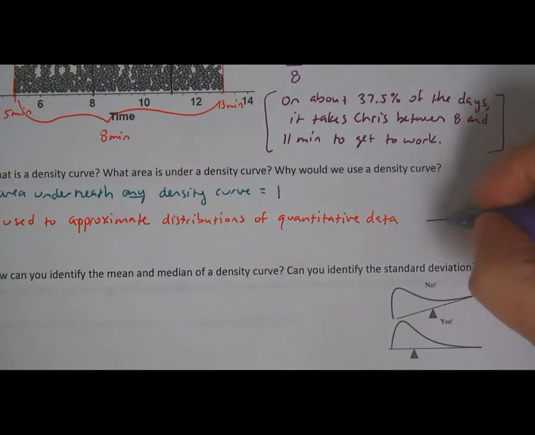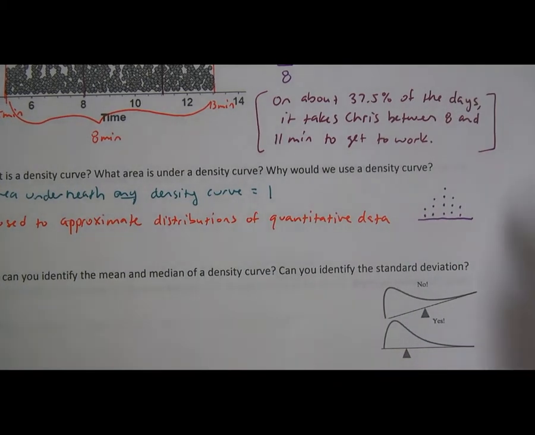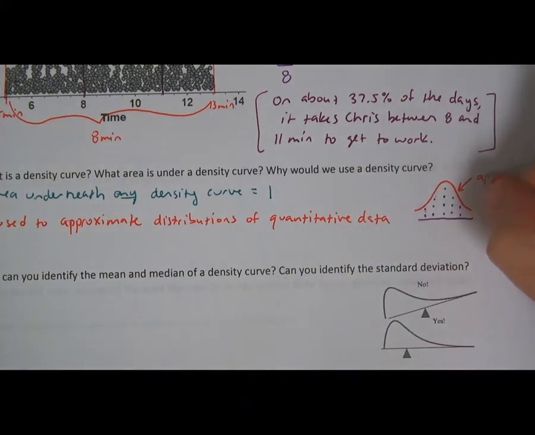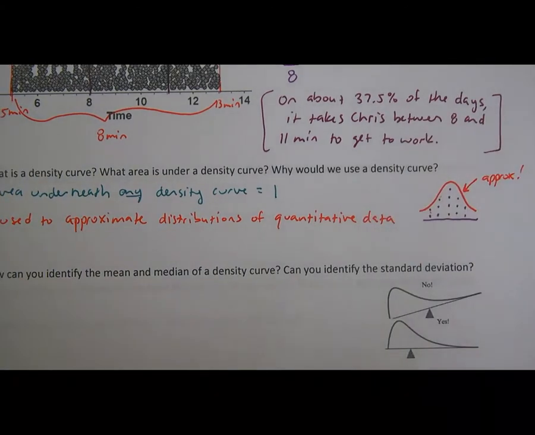So if I had a dot plot and it looked pretty bell-shaped, then I could use a density curve, which happens to be a bell-shaped or normal density curve, to approximate that data. So the curve itself is an approximation. That's why they're valuable to us, so that we don't have to be exact.